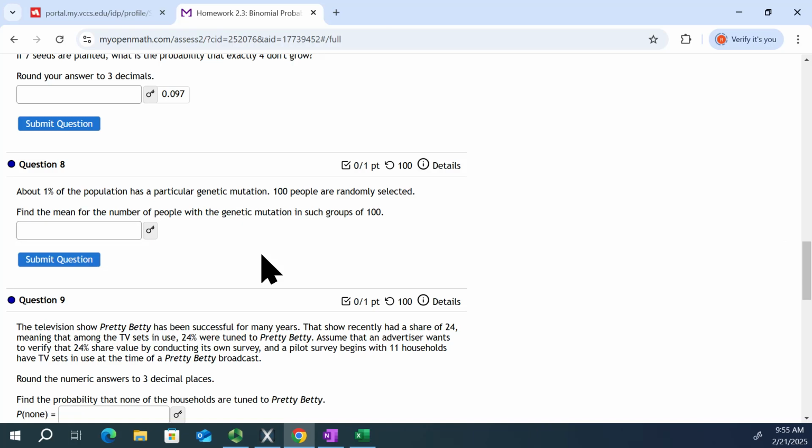So in this thing, about 1% has a particular genetic mutation. 100 people are selected. Find the mean. It's just 100 times 0.01. So the mean is literally 1.